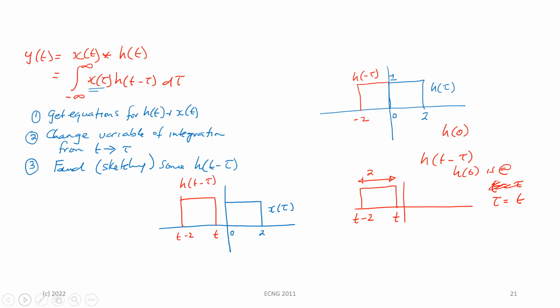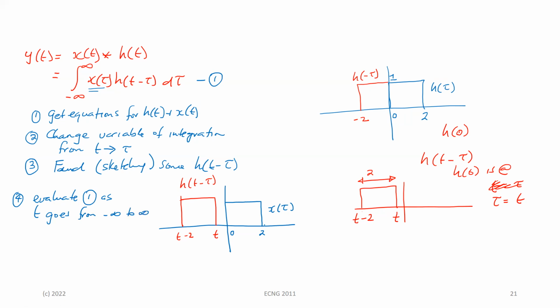So step 4 now is to evaluate. I'm calling this equation 1 here. Evaluate equation 1 as t goes from minus infinity to infinity, right?